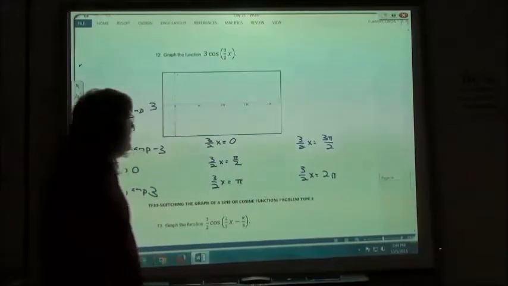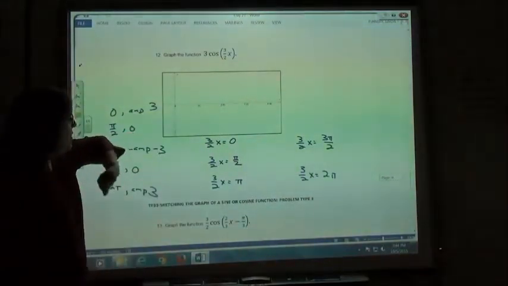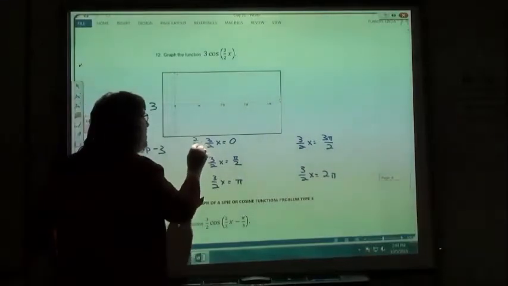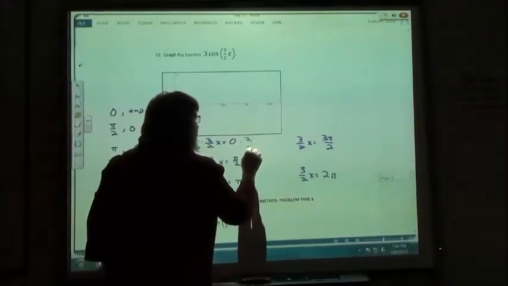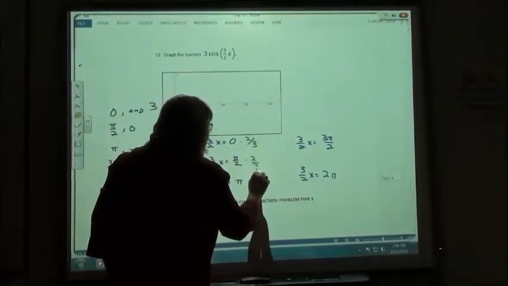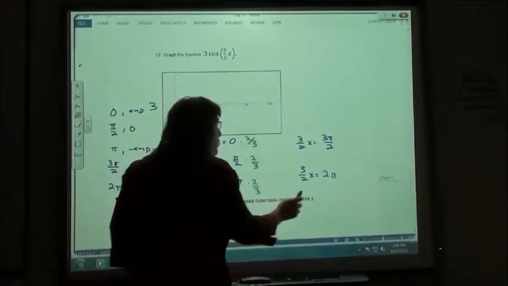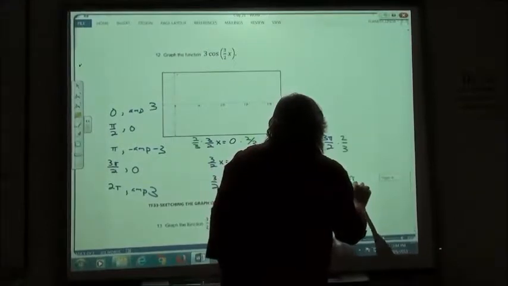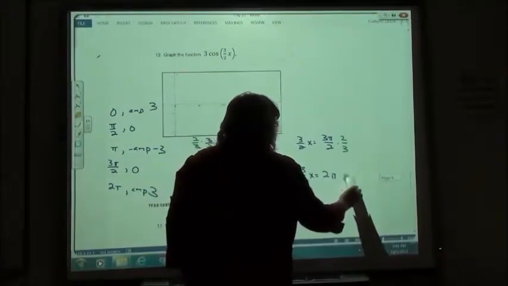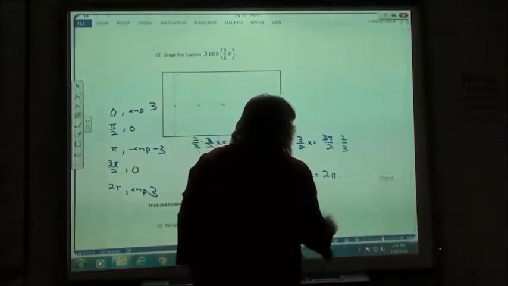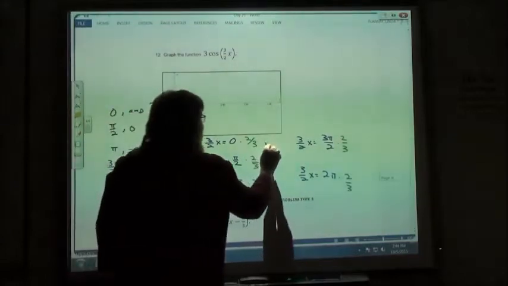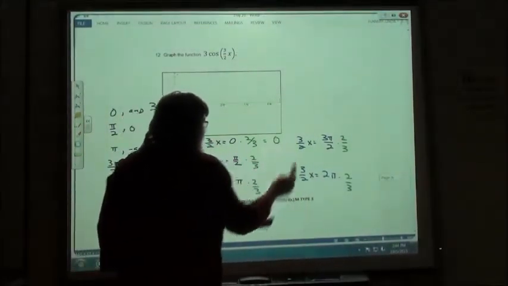So again, I'm dividing by 3/2, which is going to be multiplying by the reciprocal, 2/3. And so every one of these I'm going to multiply by 2/3. So 0 times 2/3 is 0.